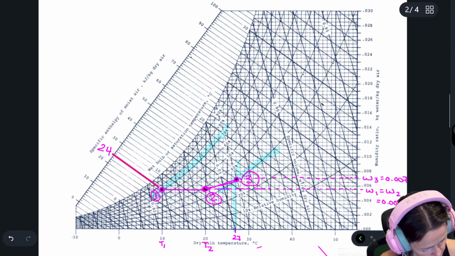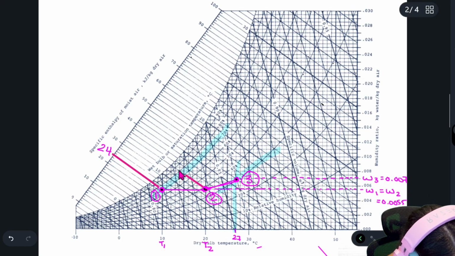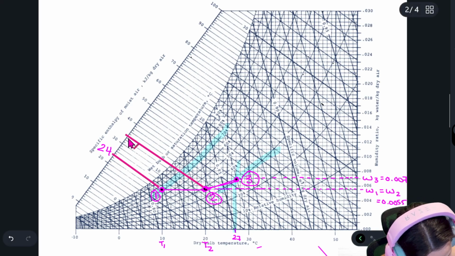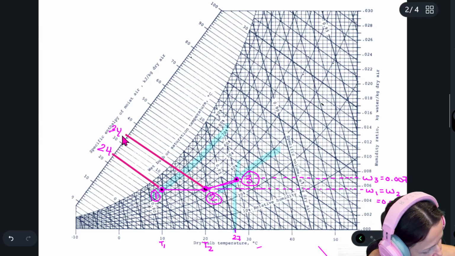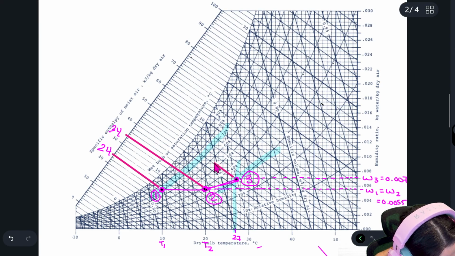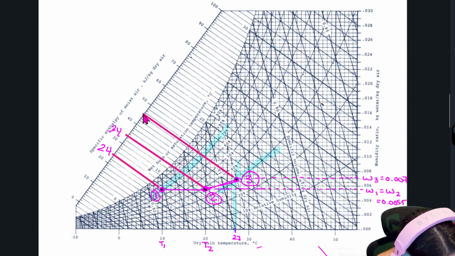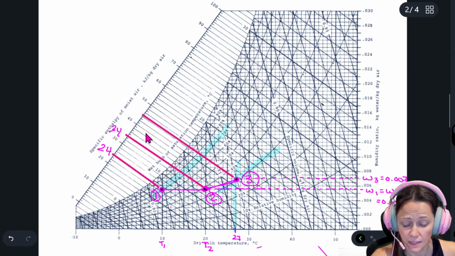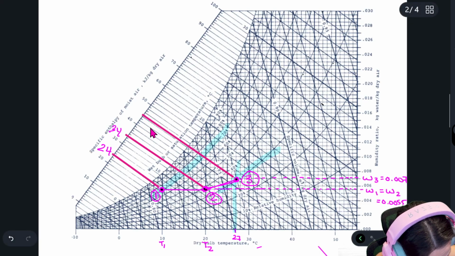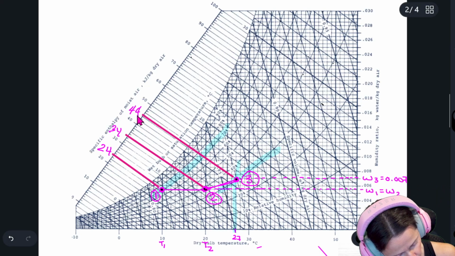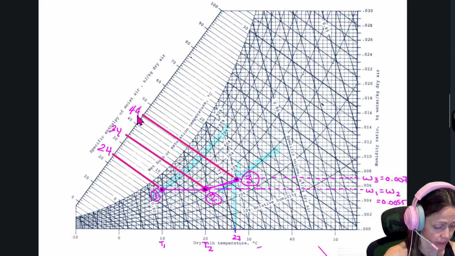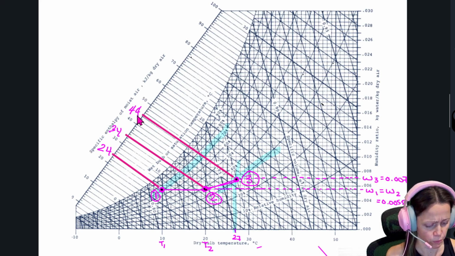Just trying to help myself. So that'd be 1, 2, 3, 4, so that's about 34. I'll probably need one for state 2. Maybe it's a little above 44, but we'll call it 44. So 44, 34, 24. That works out well, doesn't it?